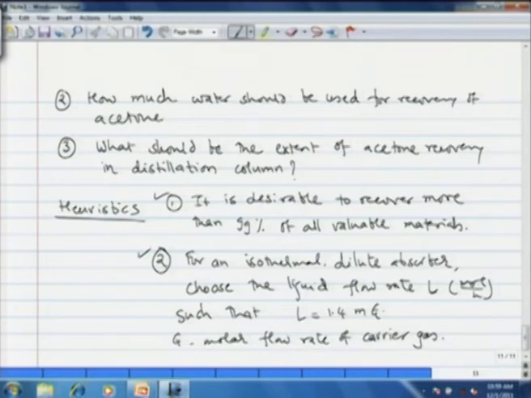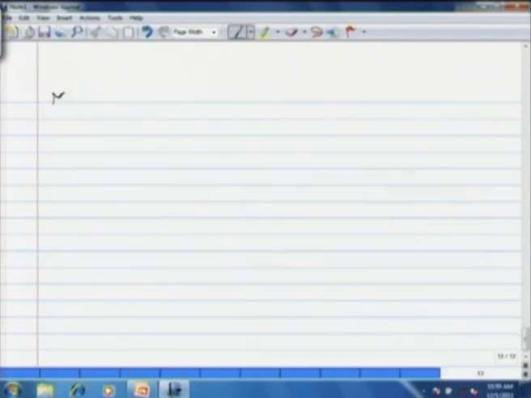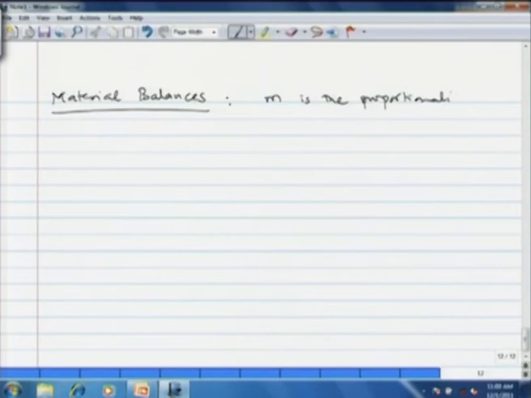Now, with these heuristics, let us try to do the material balance. Now, m that we have seen just now, L is equal to 1.4 mG. m is the proportionality constant of equilibrium.